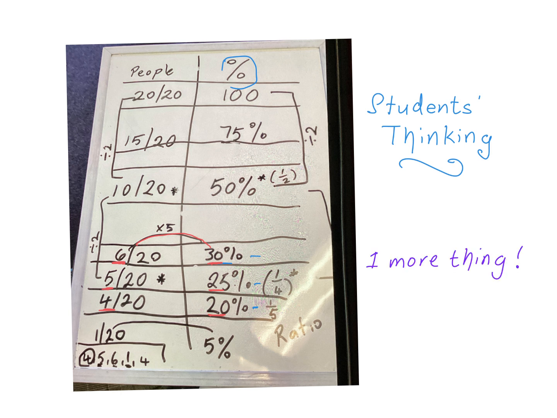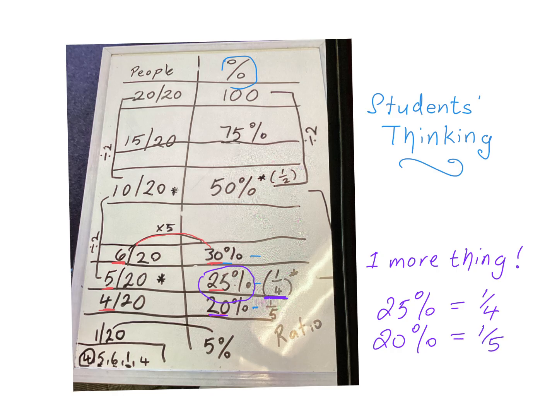One more thing, one student made connections between the percentages and the fractions. So knowing that 25% equals a quarter and 20% equals 1/5.